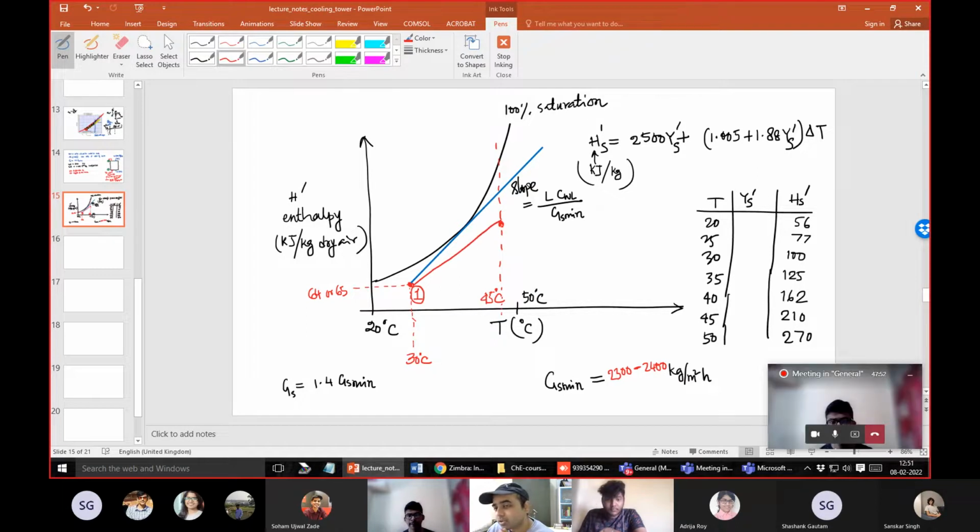And this line you only draw it up to 45 degrees centigrade, right? So using this new line, which has a slope of 1.4 times less than the slope of this tangent, you can fix your new line, and it will be at the point location corresponding to 45 degrees water temperature. So this will help you to locate your point number 2.